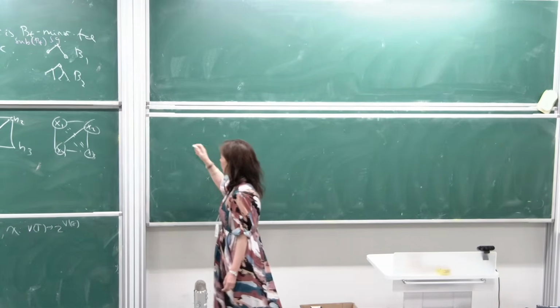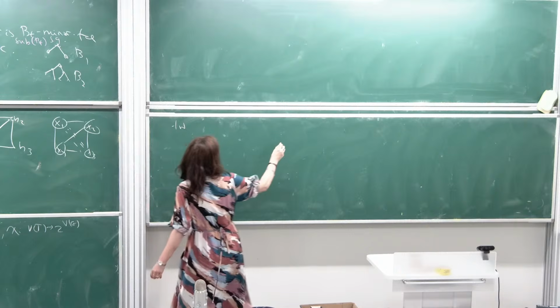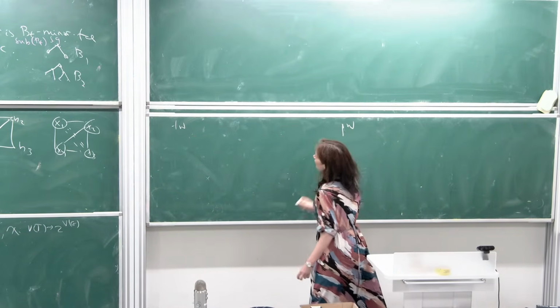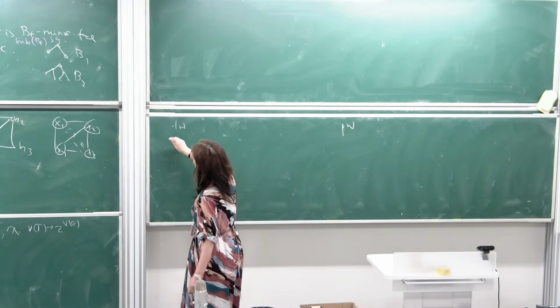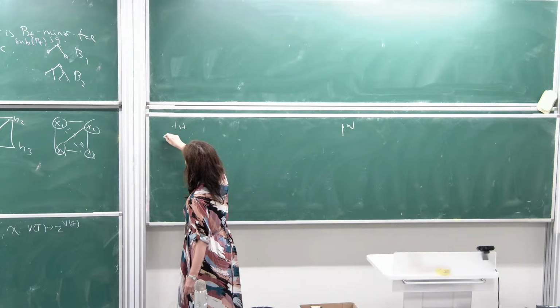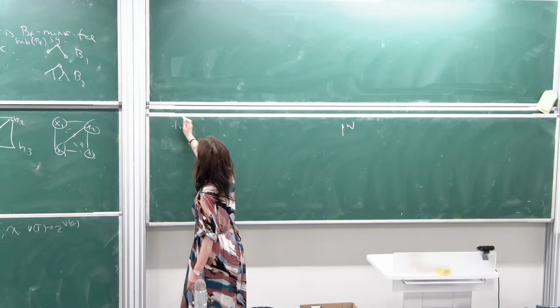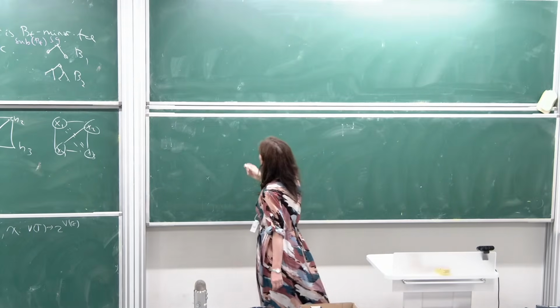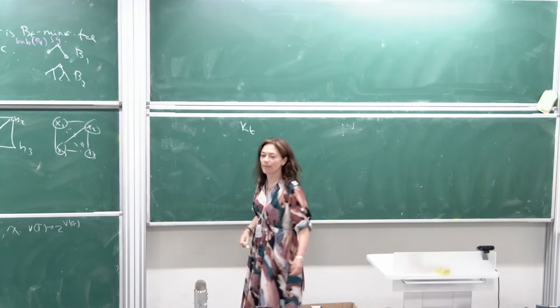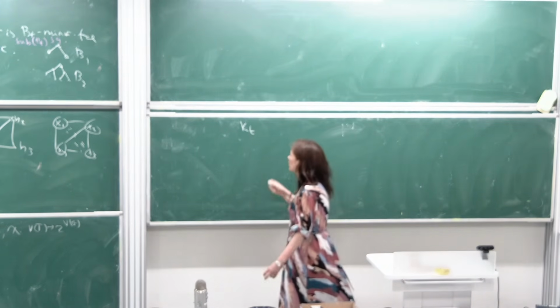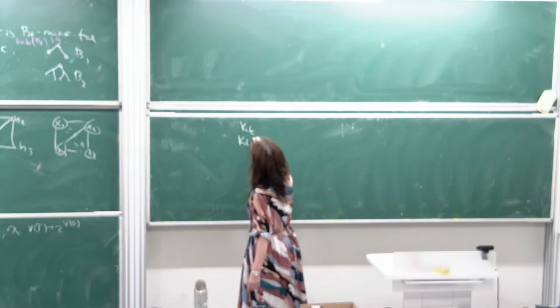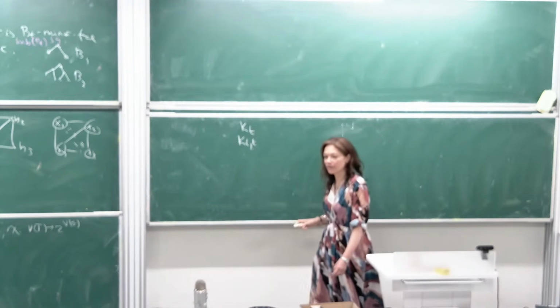Okay, so we have treewidth and pathwidth. For both of them, you have to exclude big cliques. Right? The big clique has big treewidth, and therefore big pathwidth. You have to exclude big complete bipartite graphs.